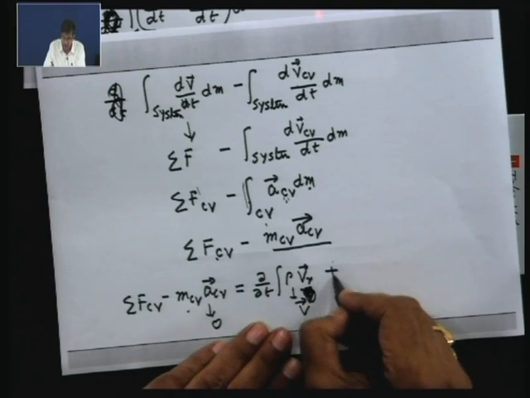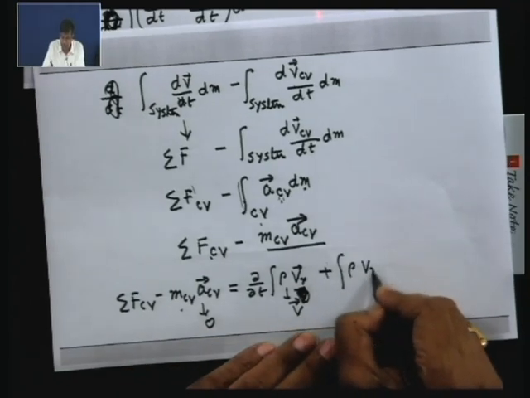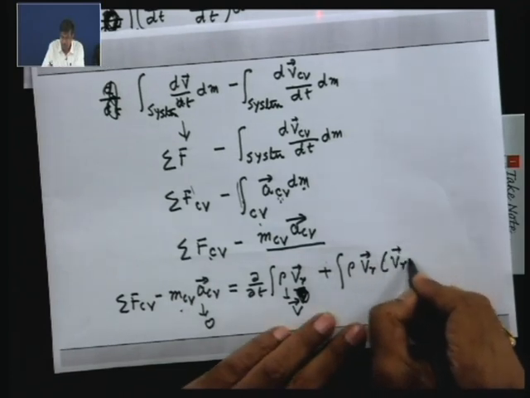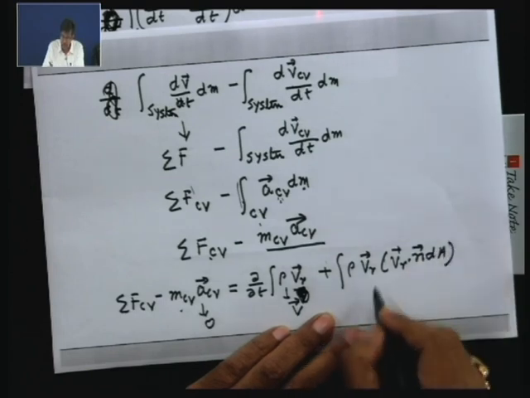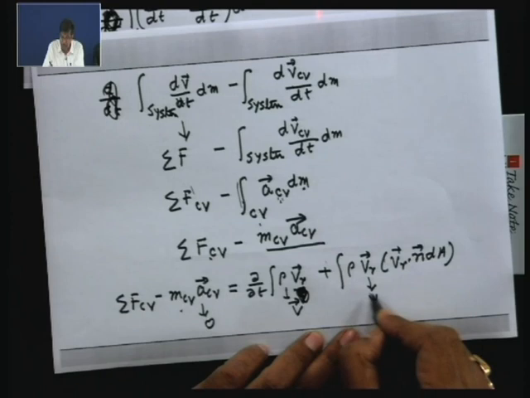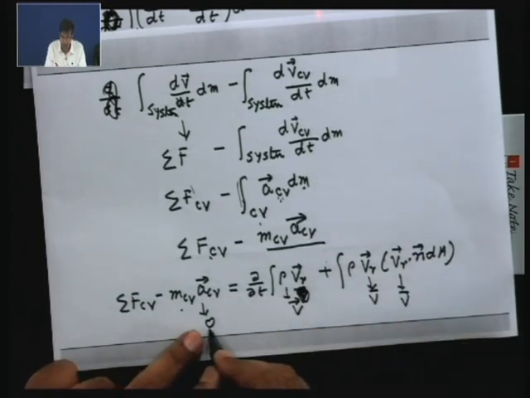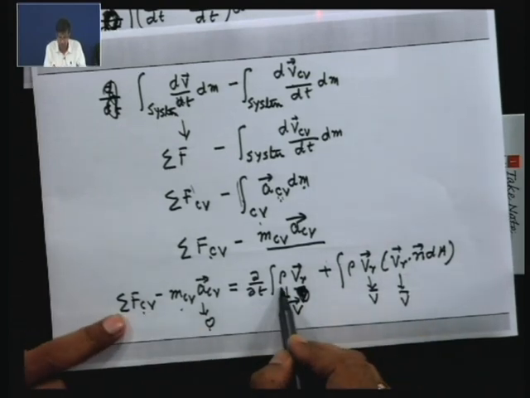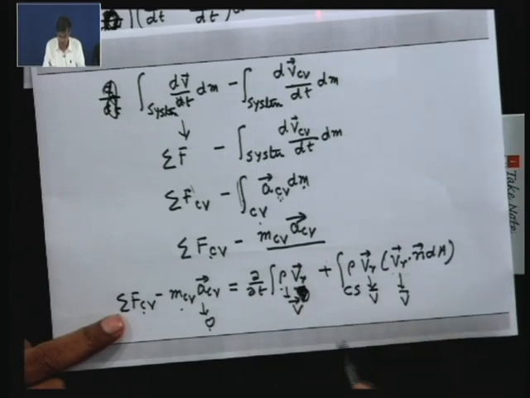Similarly, plus the net rate of flux term, that means rho V_R, when I write in terms of V_R, V_R dot n dA. But if I write it in terms of V, the absolute velocity, then obviously this term will be 0. That means, when it is absolute velocity, the force acting on the control volume is the net rate of change of momentum within the control volume plus the net rate of momentum efflux from the control volume.